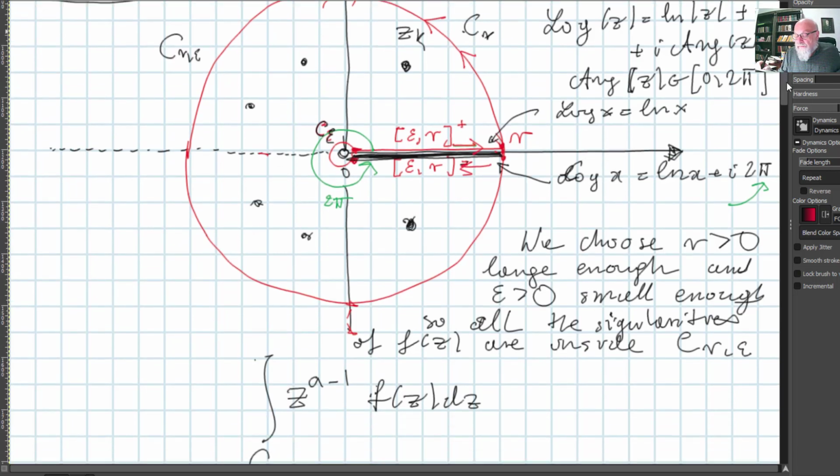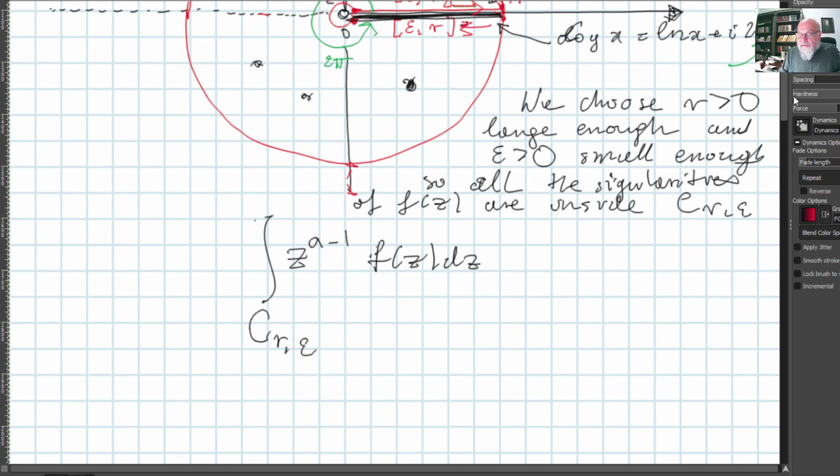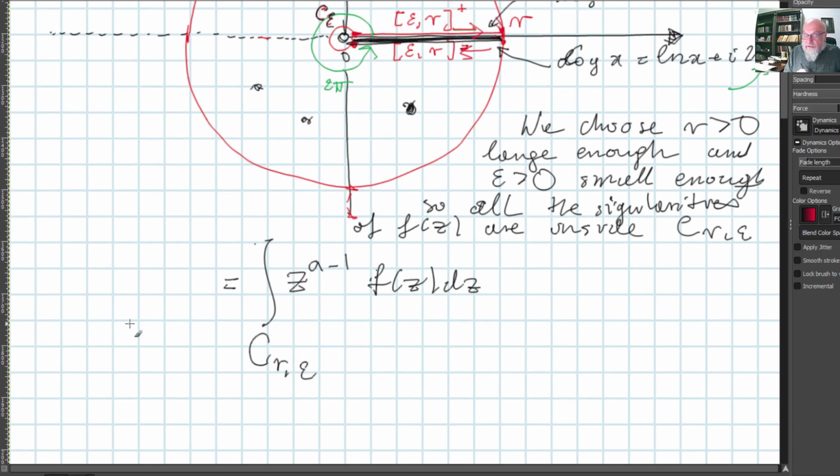Now, in such a case, since all the singularities are inside, I know what the integral is. By the residue theorem, the integral is 2πi times the sum over all singular points k of the residue of the function z^(a-1) f(z) at z_k.